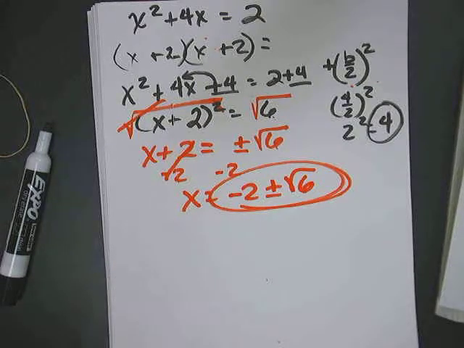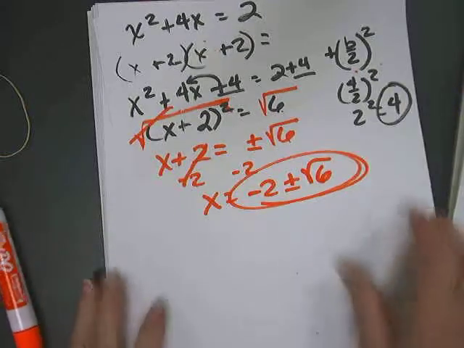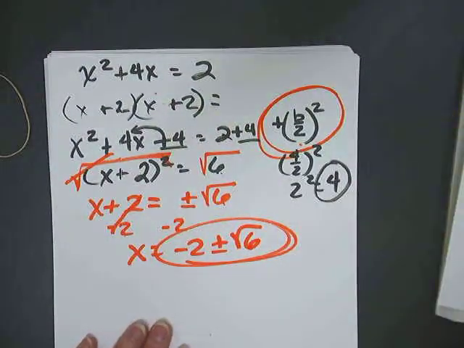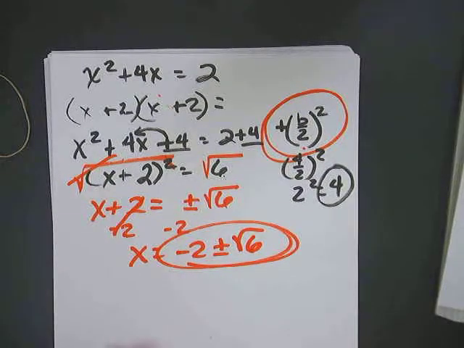So if you want to start leaving the extra room there. Negative 2 plus or minus square root of 6. And it's going to let you leave it in that form. You won't have to get the decimal of both ways. It's going to want the answer with the square root still on there.